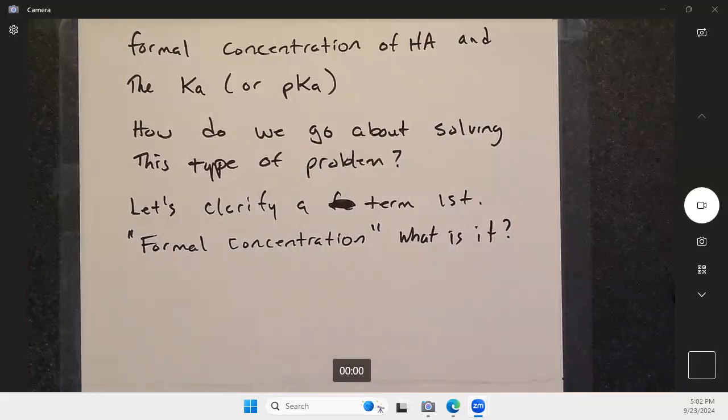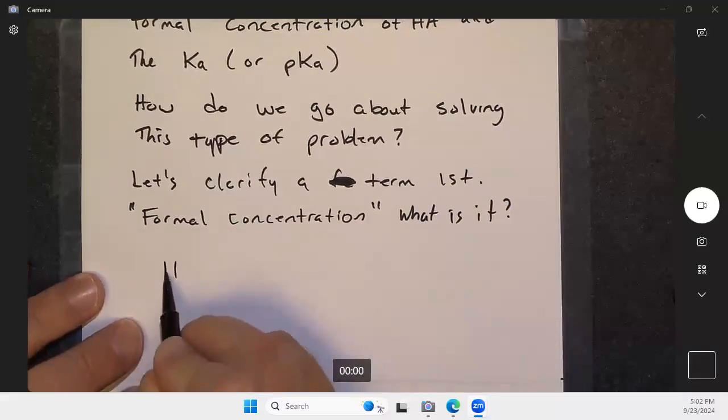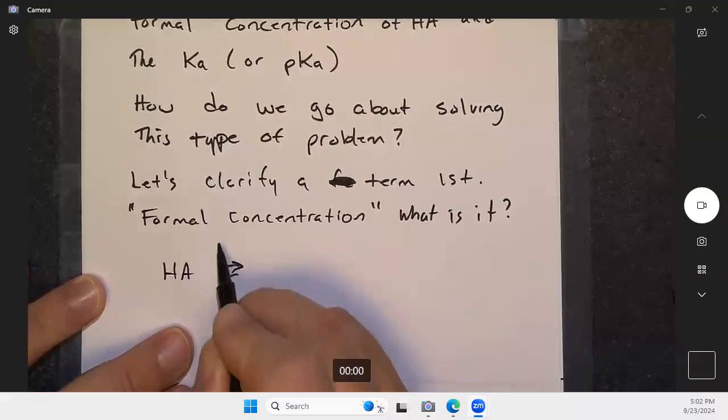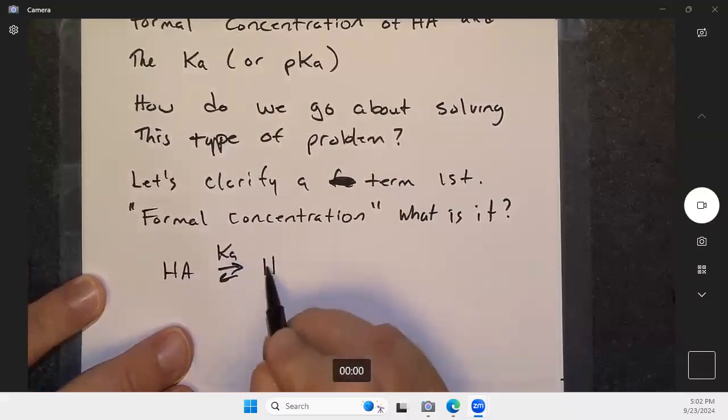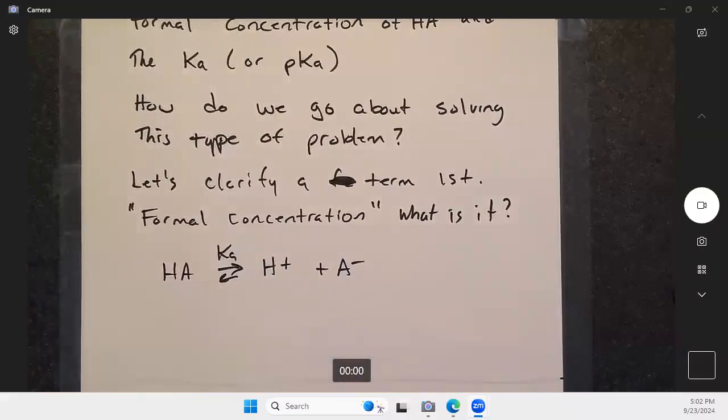Okay, so let's consider we have a weak acid, HA, reacting through its Ka equilibrium to form H plus and A minus.